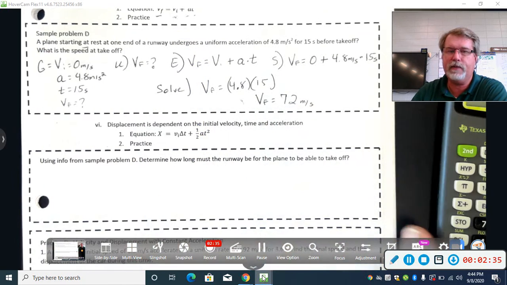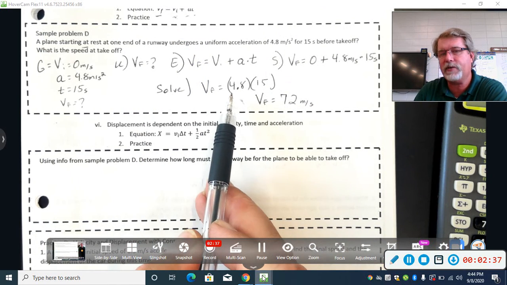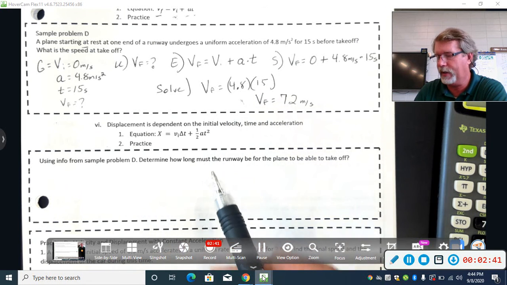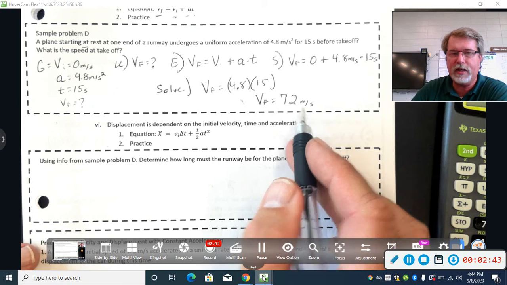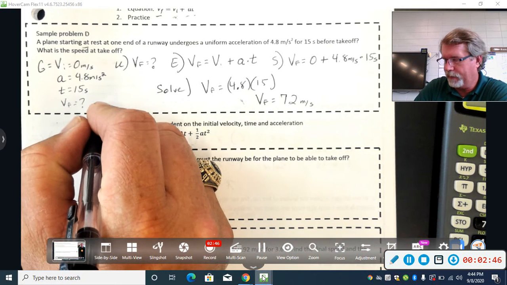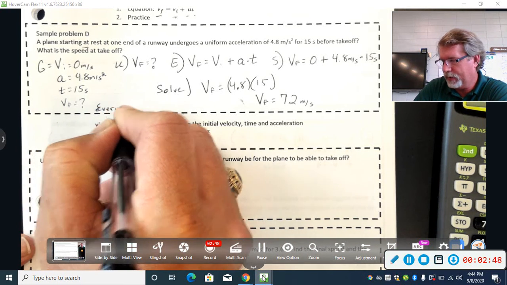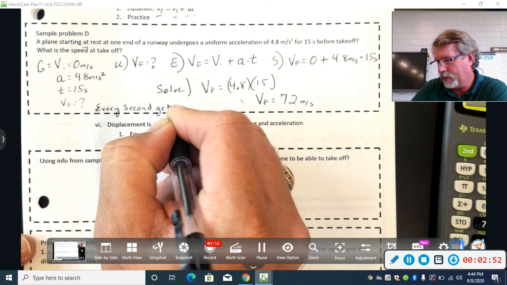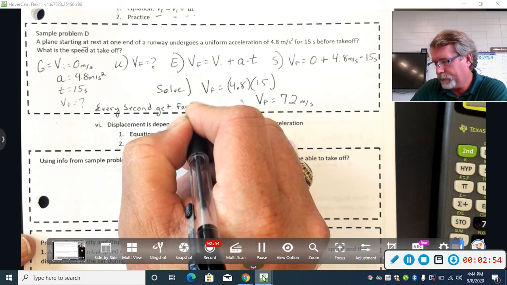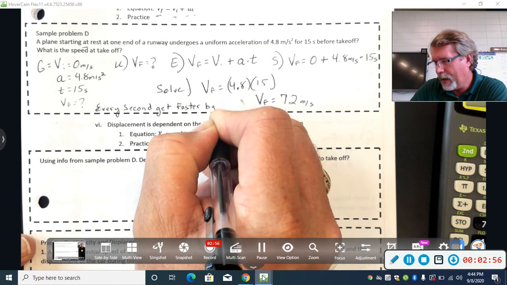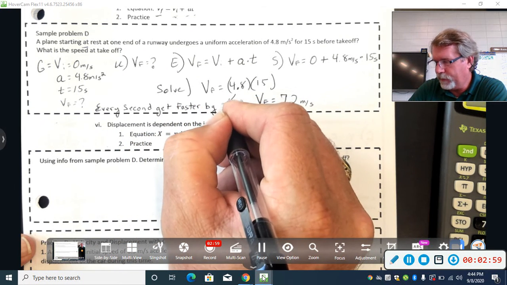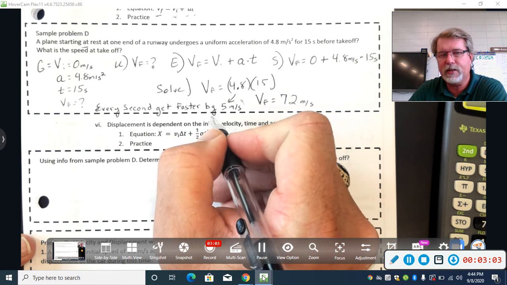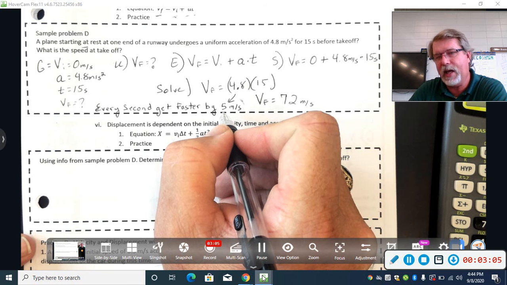And so if we think about what's happening, it's getting faster by about 4.8 every second for 15 seconds. So what this solution says is every second we get faster by, I'm going to round that to 5 meters per second. So 15 seconds, about 5 every time.